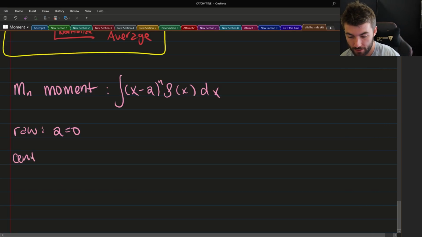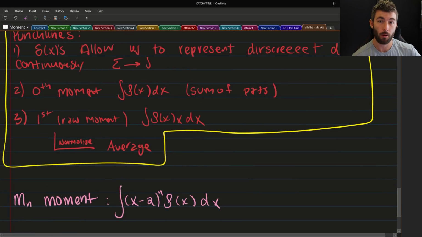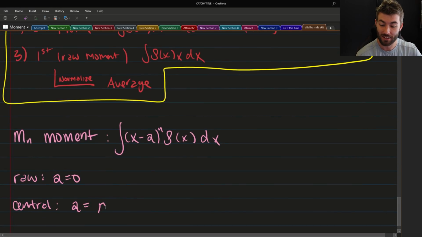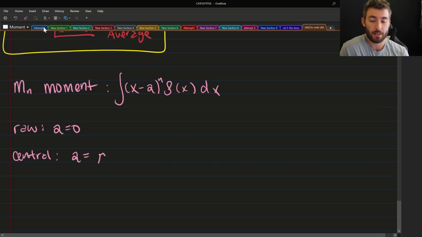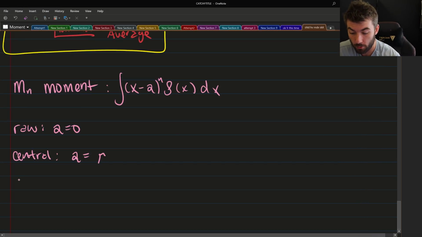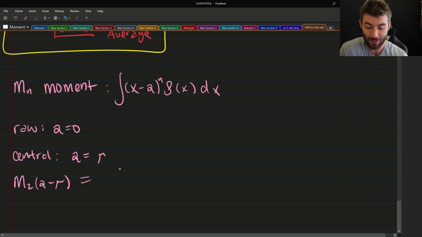A central moment takes a equal to mu, equal to the average. So the 0th and the first moment are all raw moments. The first raw moment defines the average that we can then use in the future central moments. So to put a little meat on this, if we talk about a second central moment as an example, M2, where a is equal to mu, we're going to go ahead and normalize this, so I'm going to explicitly write out the normalization.